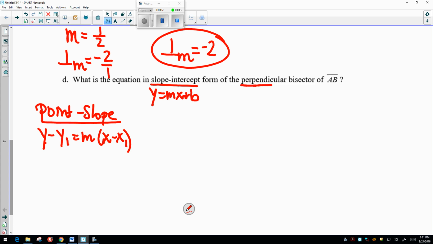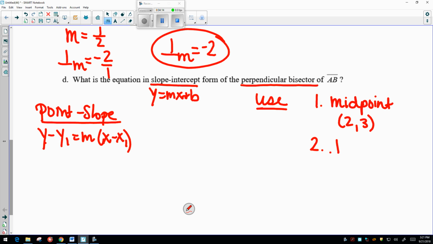When we write this perpendicular bisector, here's what we're going to use. Number 1, for the point, we're using the midpoint that we found above. Our midpoint is the coordinates (2, 3). And number 2, we're using our perpendicular slope, which we found to be -2.